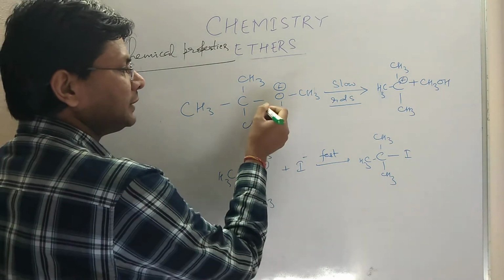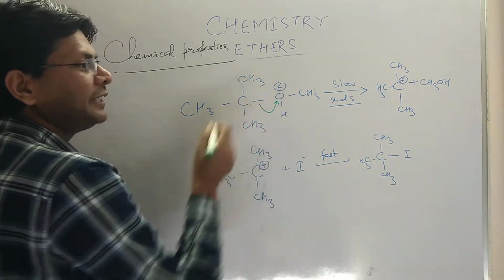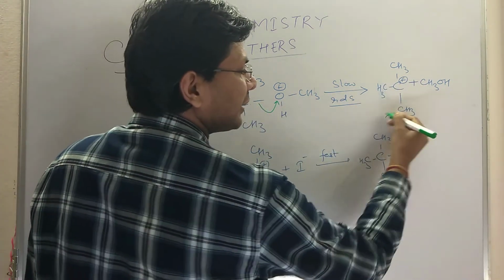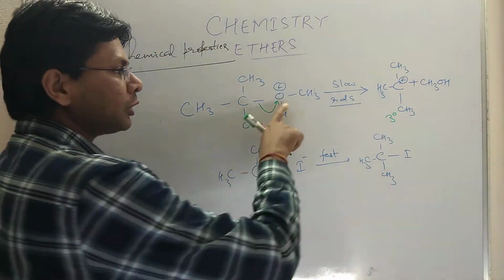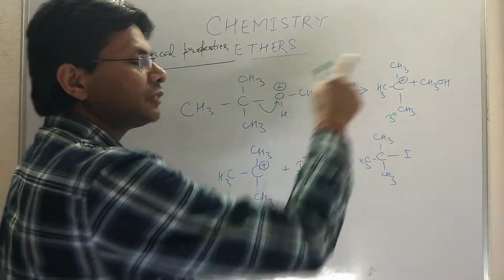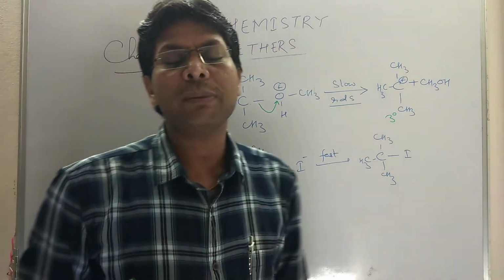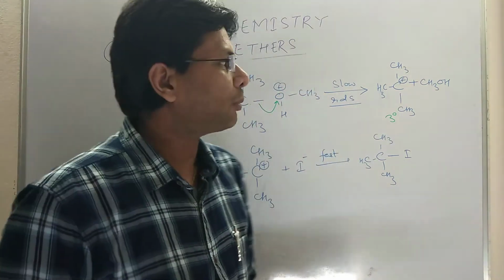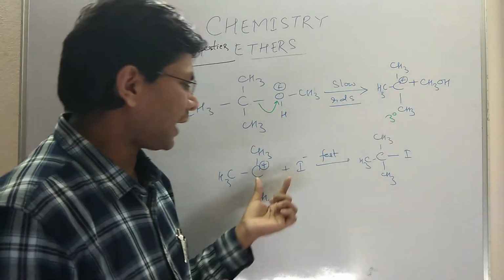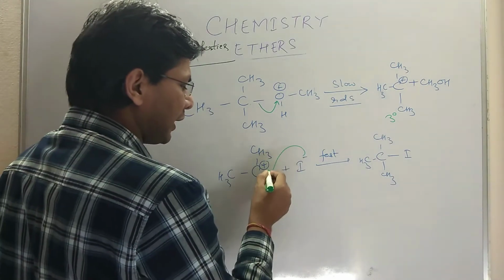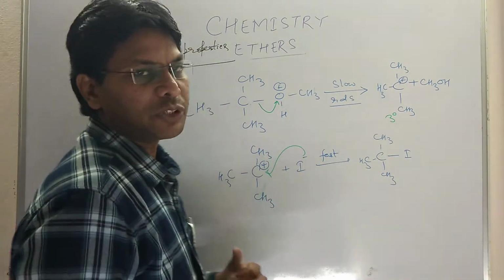Once the leaving group leaves, it generates a 3-degree carbocation. So the first step is the slow step, formation of the 3-degree carbocation. The more stable a carbocation, the more easily it is formed during the reaction, and this carbocation is attacked by the iodide ion to form the substituted product.